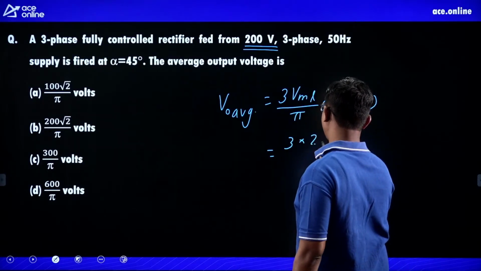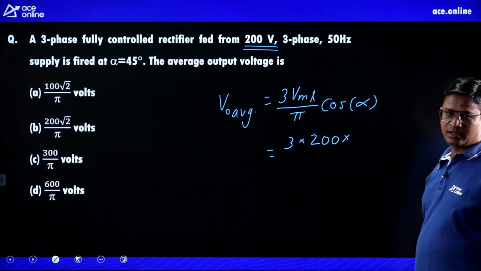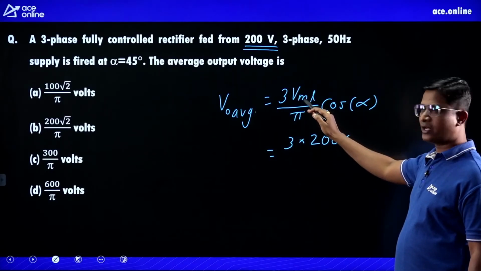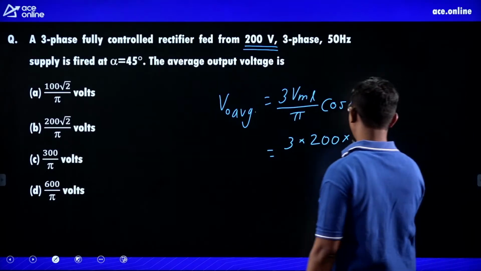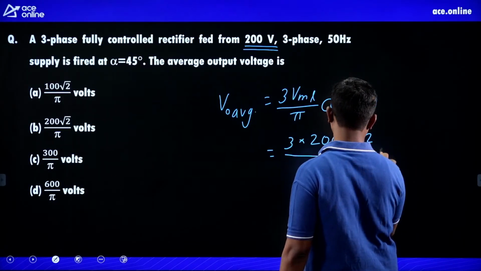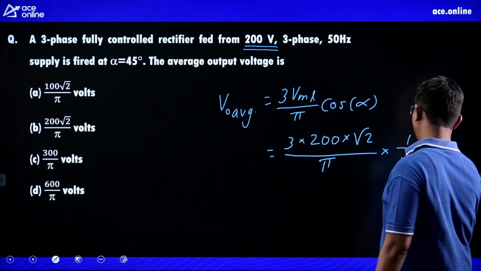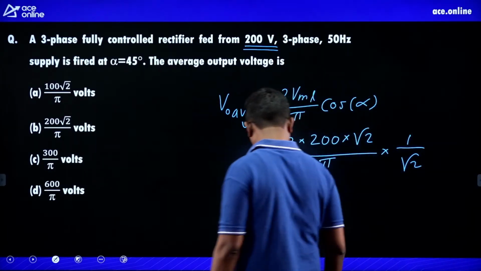It is 200. From this I want the peak value, so multiply that RMS value with root 2. So it is 3 into 200 into root 2 upon pi into cos of alpha. Alpha is 45 degrees, cos 45 is 1 by root 2, so root 2 gets cancelled out.